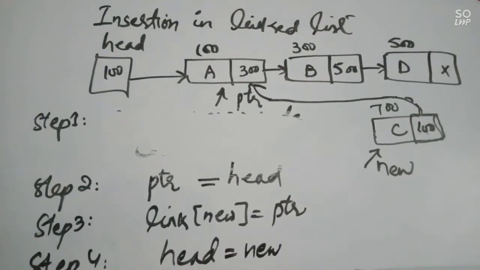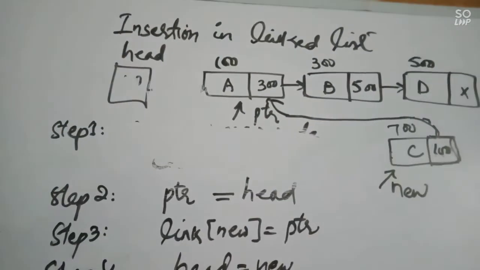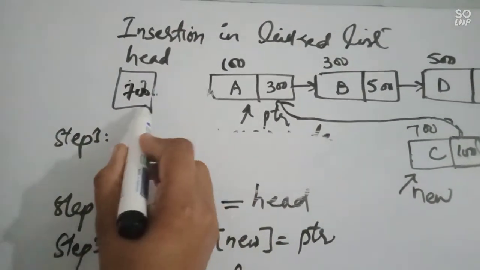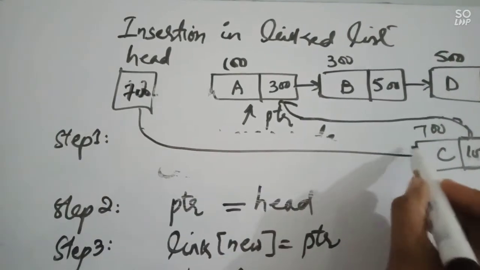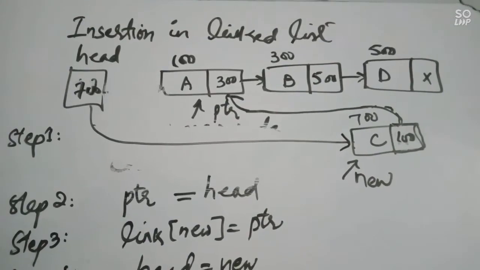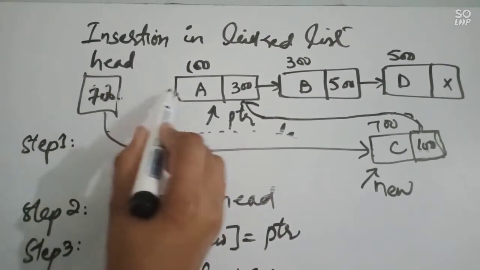When we say head is equal to new, we are putting address 700 in head. So we are making this connection as well. It is clear from the diagram that this connection has been broken.